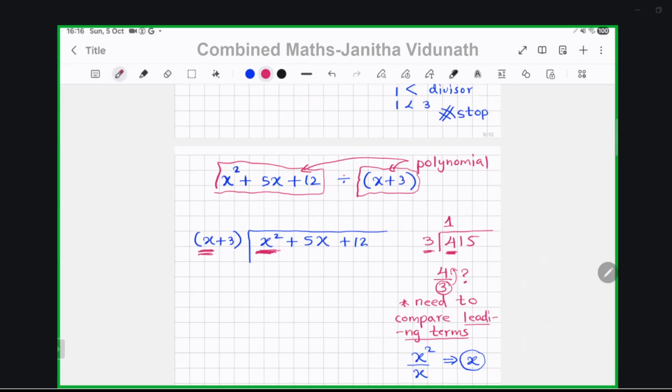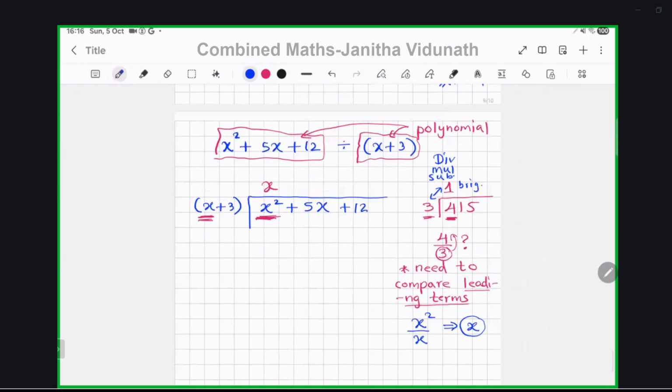That means similarly we put x here. Then we multiply these two numbers. First we divide, then multiply, then subtract, then bring down. The same steps are repeated again and again in polynomial division also.